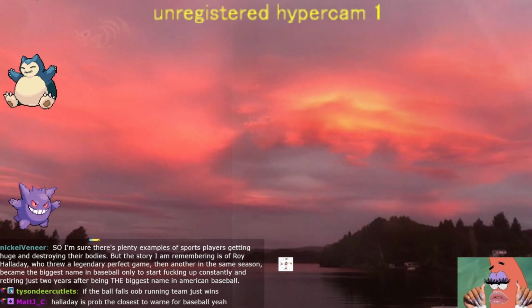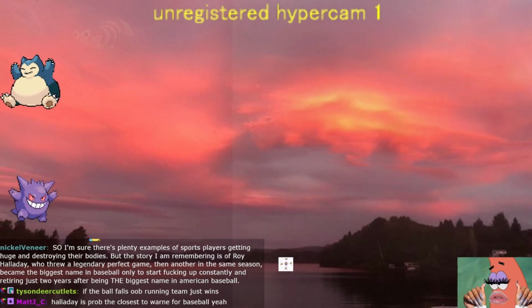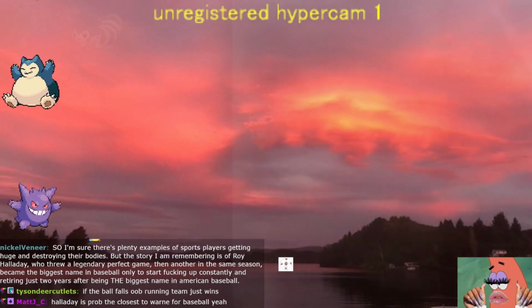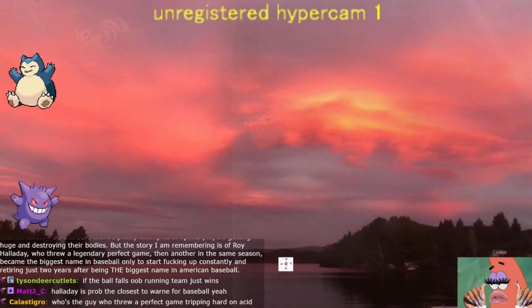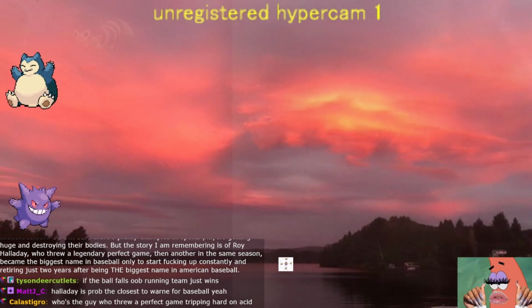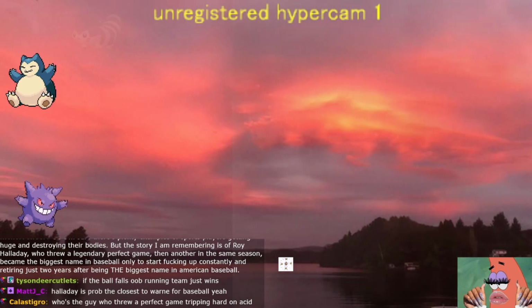Roy Halladay, who threw a legendary perfect game, then another in the same season, became the biggest name in baseball, only to start messing up constantly and retiring just 2 years after being the biggest name in American baseball. No, I don't think that is close. I think those are two different... Warne never disgraced himself on the field. He was always the top of his game and retired as still one of the best bowlers in the world. Despite maybe being on a little bit of drugs sometimes.